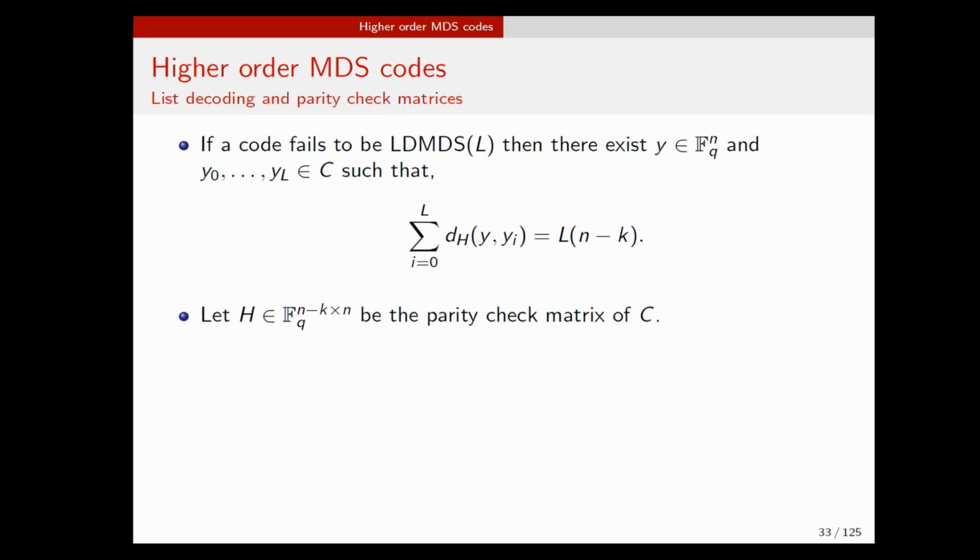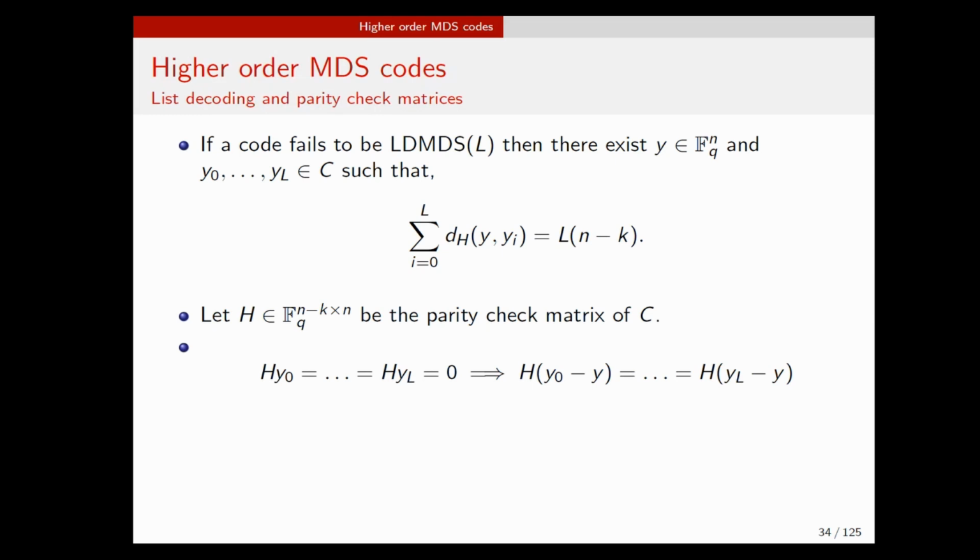Okay, so let's take this family of codes and look at what it says about my parity check matrix. y0 to yL are codewords, right? So Hy0 to HyL all have to be 0. That is, y0 to yL should lie in the kernel of the parity check matrix. And now phi is some fixed vector in F_q to the n.